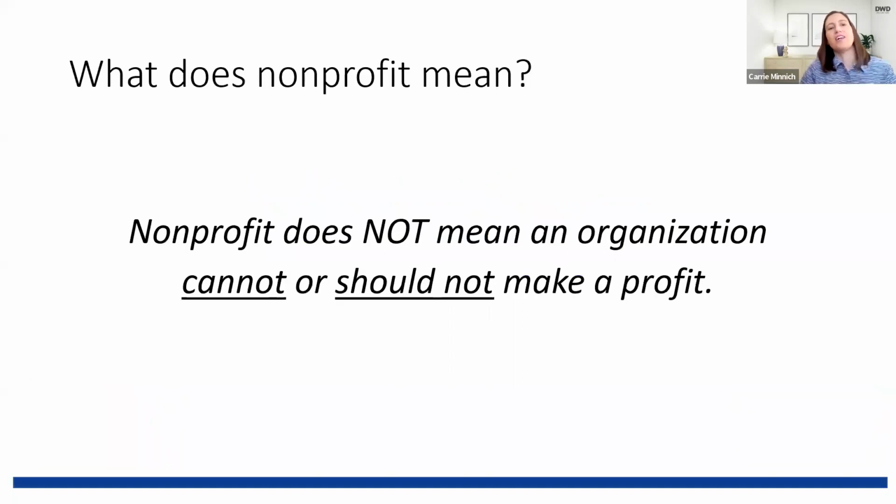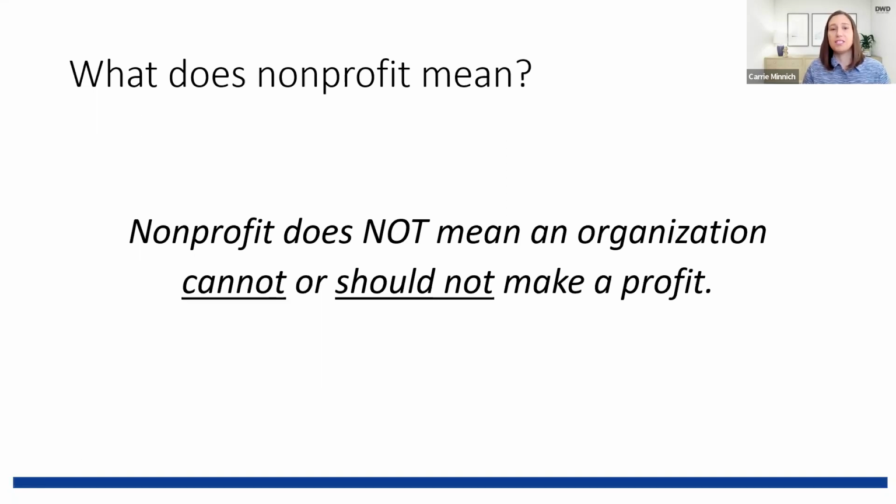Before we get started, whenever I talk about nonprofit financials, I want to throw this out there. Nonprofit is a term that gets thrown around, and sometimes people think that means the organization cannot or should not make a profit, and that is just not true. As we think about our financials and our income and expenses, we need to remember that as a nonprofit organization, we are a business.